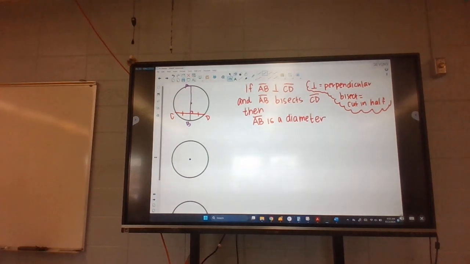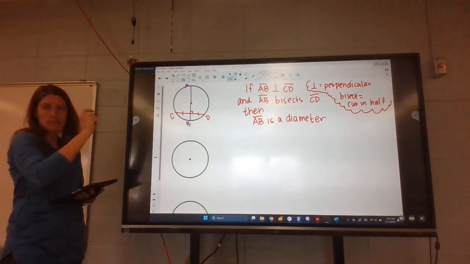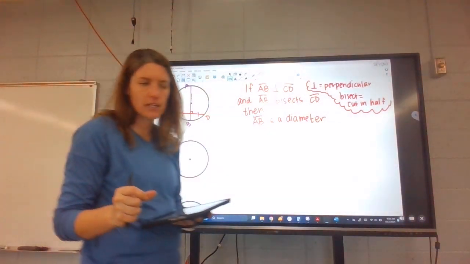So if it's perpendicular and it cuts that little chord in half, then it's going to be a diameter.